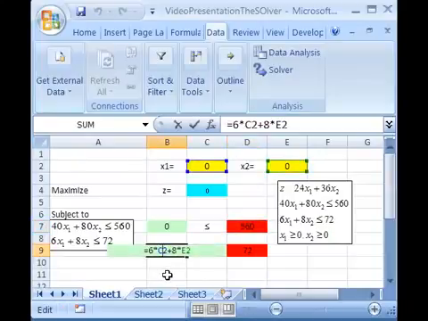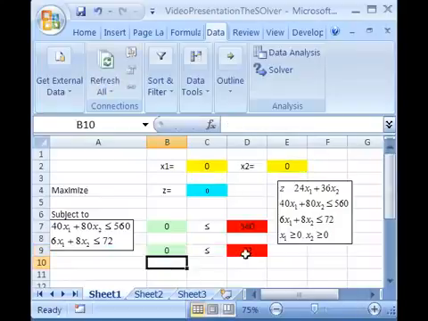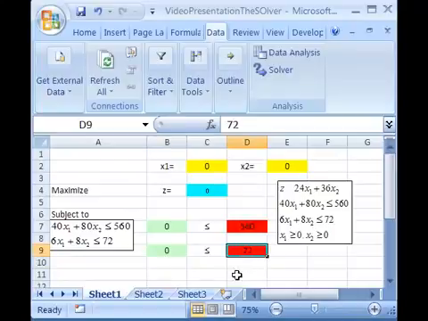Down here in cell B9, I wrote the left side of the inequality, which was 6 times C2 plus 8 times E2. And over here I put the 72, which represents the right side of the inequality. I just made a note that anything else that you see that is not highlighted are just notes to make it a little bit more clear as to what the problem involves.